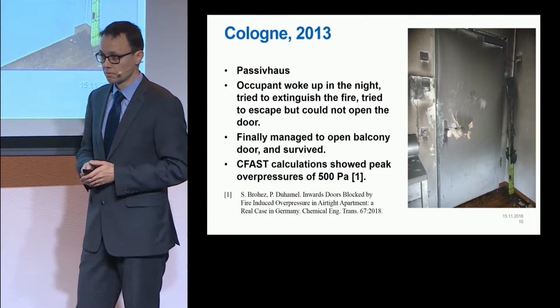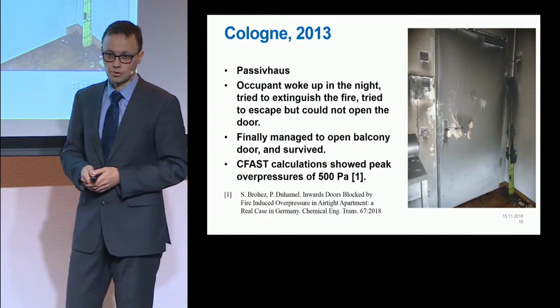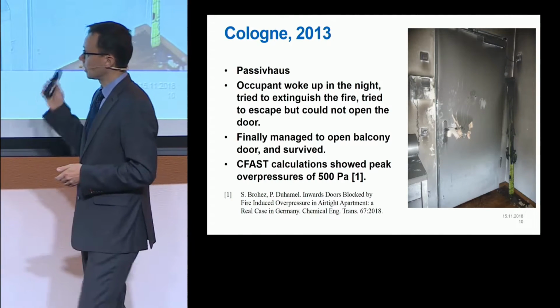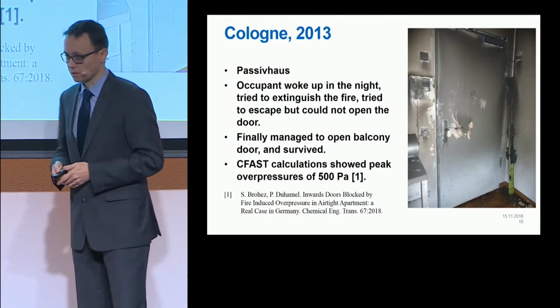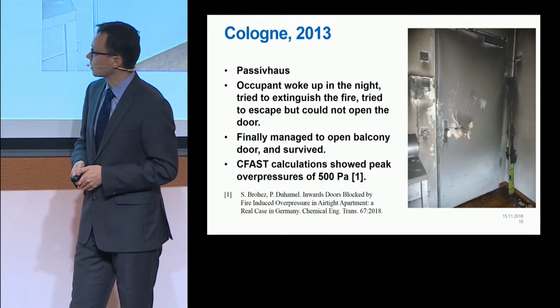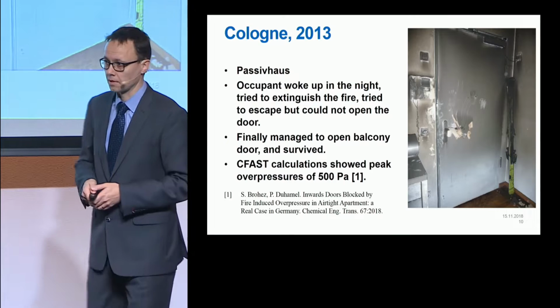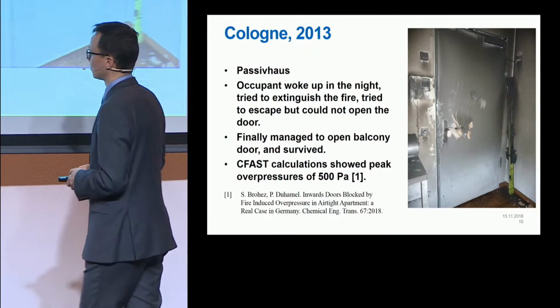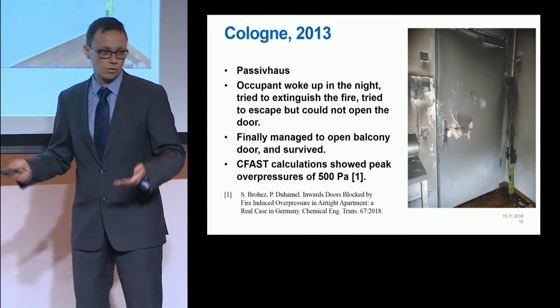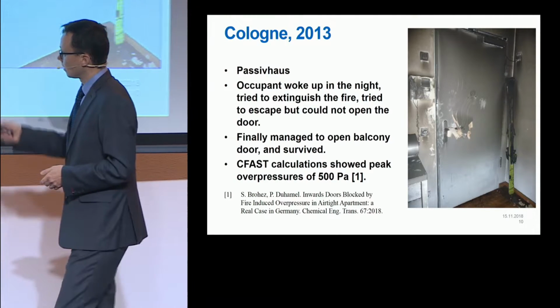No casualty, but kind of shocking observations. After that, some studies have been made, and even calculations using CFAST, showing that the pressure peak was probably something over 500 Pascal during that fire. Obviously, it's difficult to know what was the heat release rate and so on.